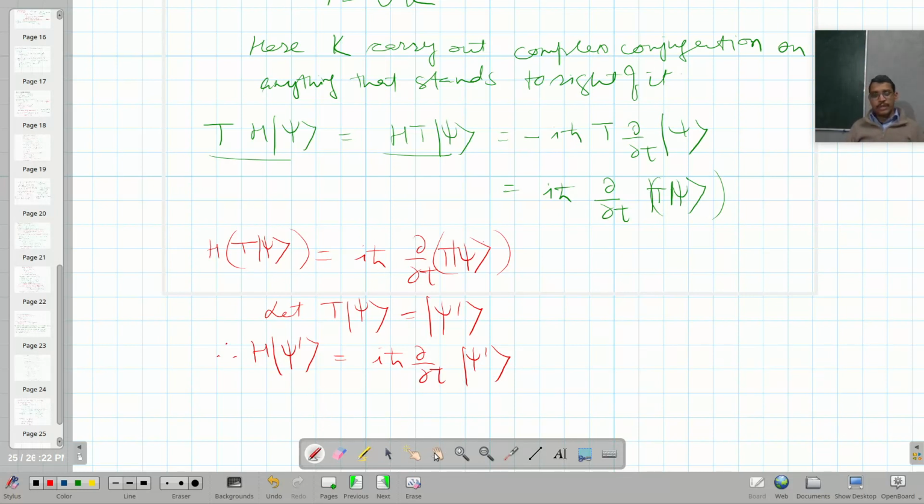Thus the Schrodinger wave equation is satisfied, because this is like a Schrodinger wave equation. So we can say that the Schrodinger wave equation is satisfied, right?